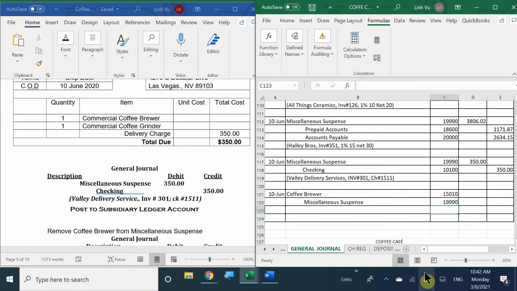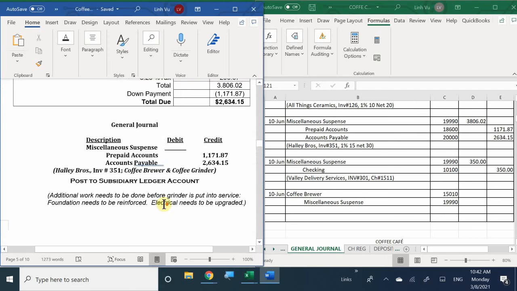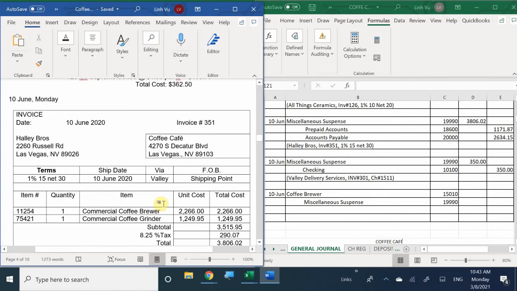Alright? And then again, we're going to go ahead and calculate how much the coffee brewer was for. Okay, so let's go ahead and take a look up at the invoices above. How much was the original coffee brewer?